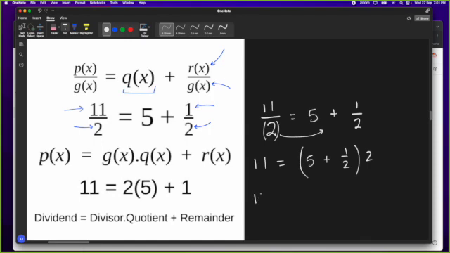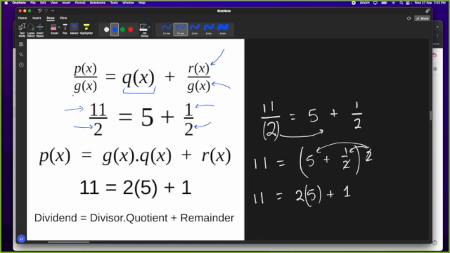So that means the 11 is going to be 2 times 5, so I have the 2 times the 5 here. And then 2 times a half, well, the 2's will cancel, and I'll just have the 1, which is the remainder. So 5 times 2 is 10, plus 1, which is the remainder.